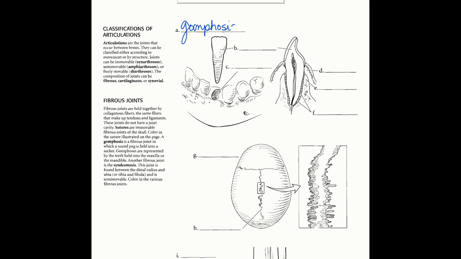A gomphosis is the type of joint that is going to keep your tooth in your mouth, essentially. So B is going to be our tooth. Each tooth has a socket that it fits into. It's called the alveolar socket. I'm going to label it as socket.